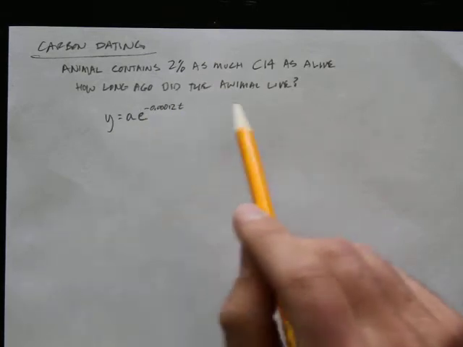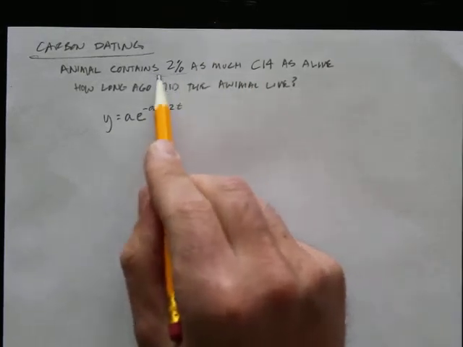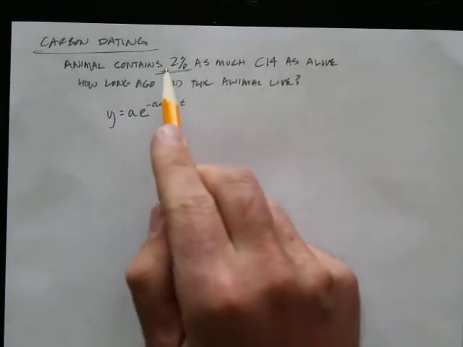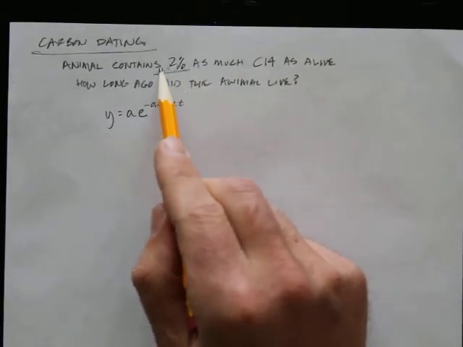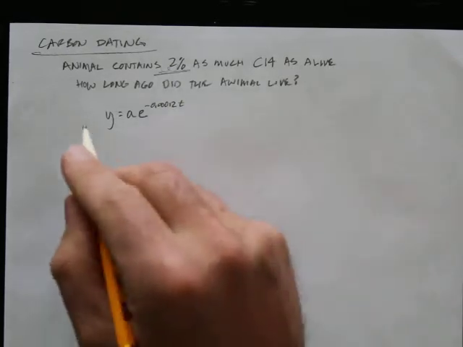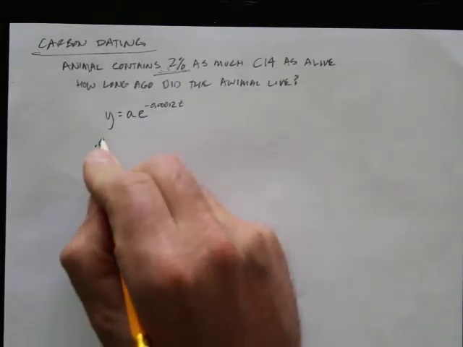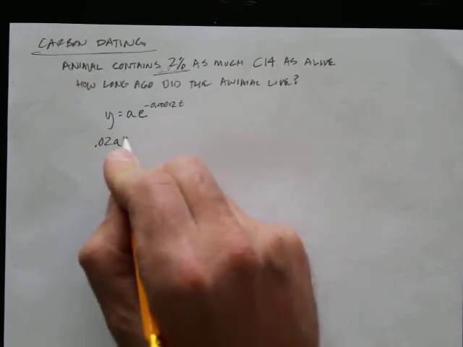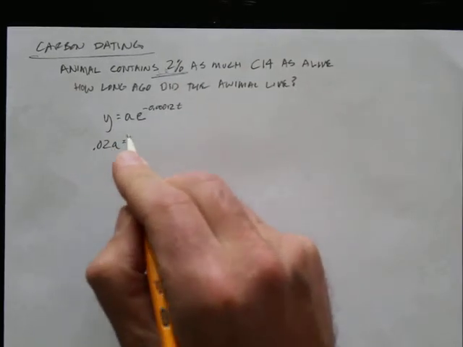So here's what we do, 2%. If we're going to write 2% as a decimal, it's 0.02. Remember 1, 2? So 0.02. So all I'm going to do is write 0.02 times my initial amount. That's how much carbon was in the living animal.